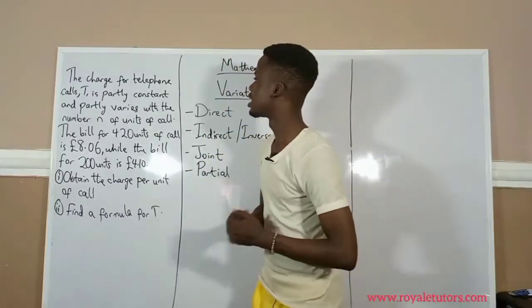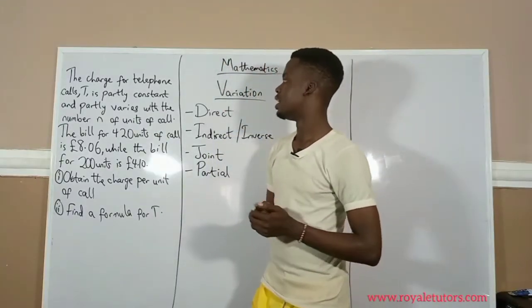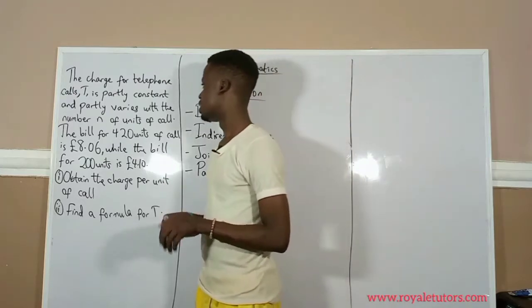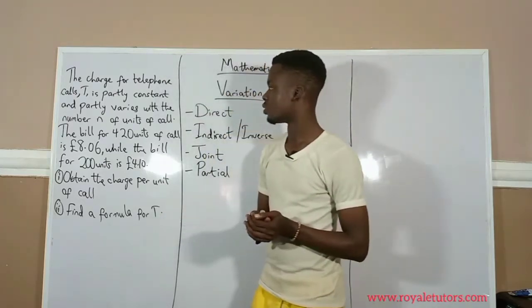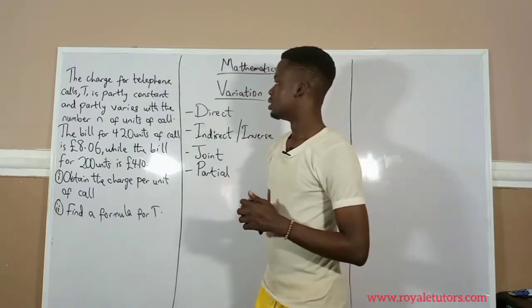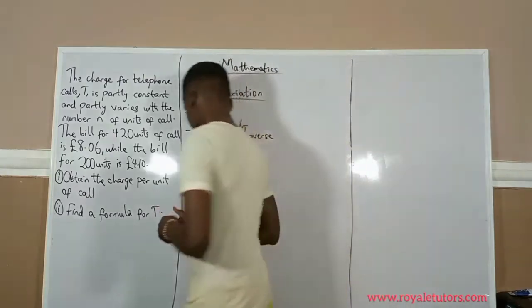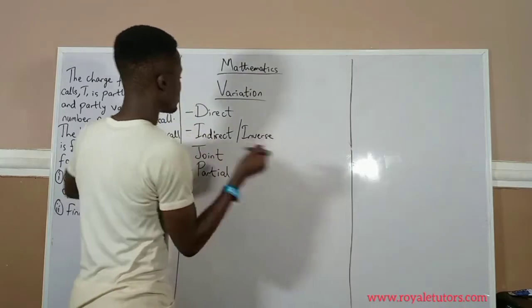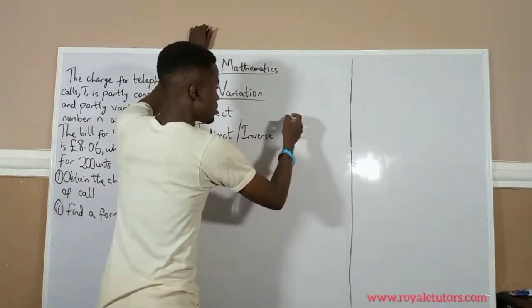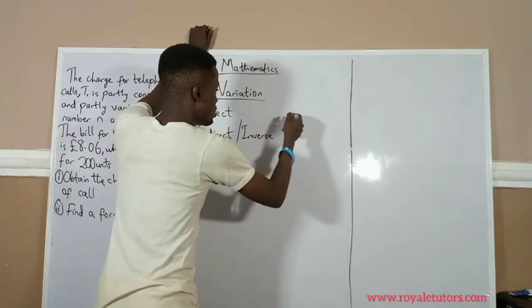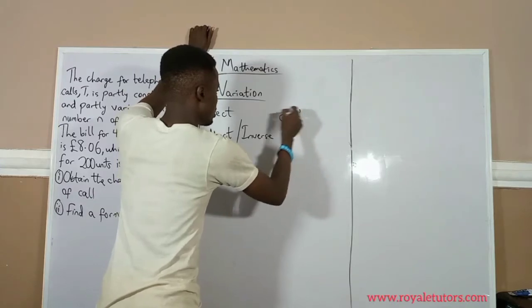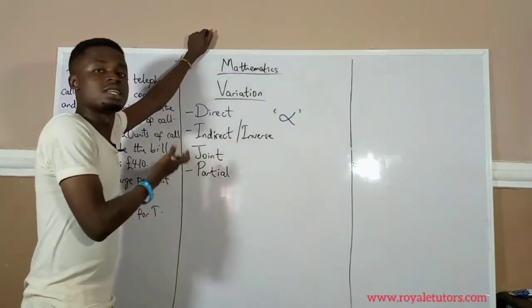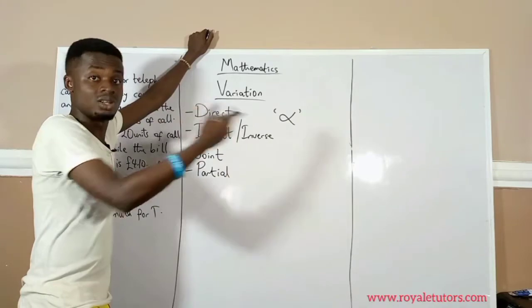So the question says: the charge for telephone calls T is partly constant and partly varies with the number n of units of call. We're going to interpret whatever we have here. When you are talking about direct, indirect, or joint variation, we agree that the symbol of variation is just like this, and when we want to change that symbol to equal to, we have to introduce a constant.